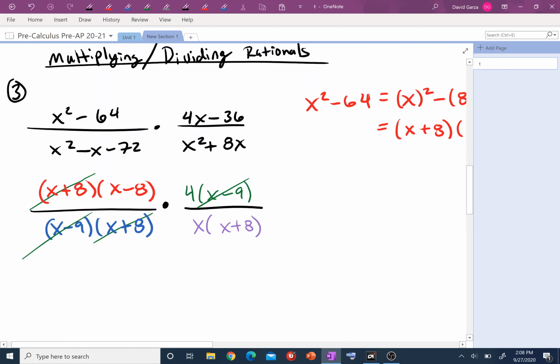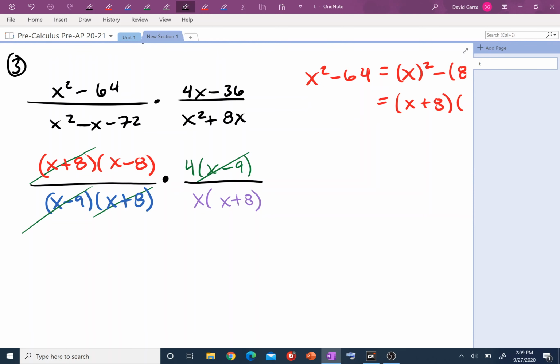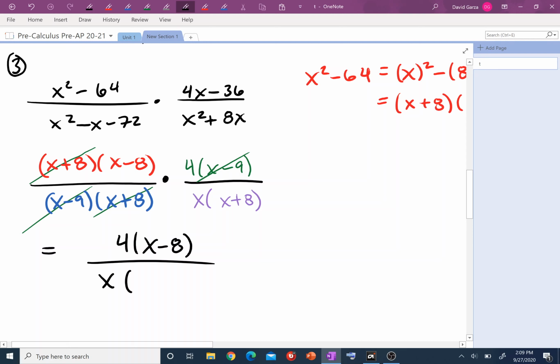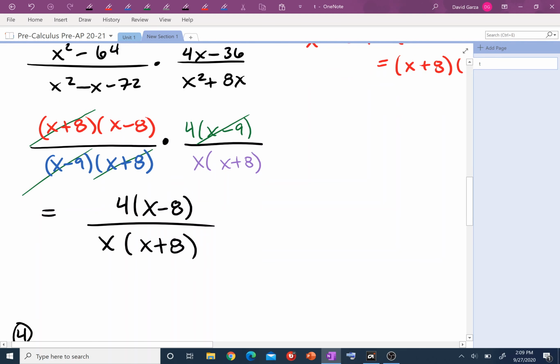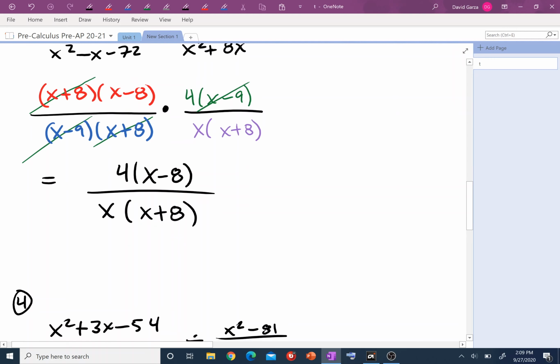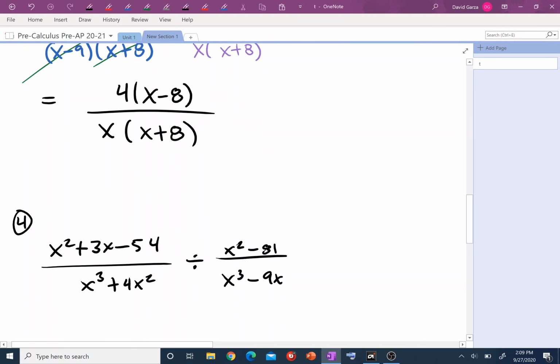And I think that might be it. So we're left with 4 at the top times x minus 8. And then at the bottom we have x, x plus 8. That's it. That's all we can factor out in this case, right? So we can just leave it like that.